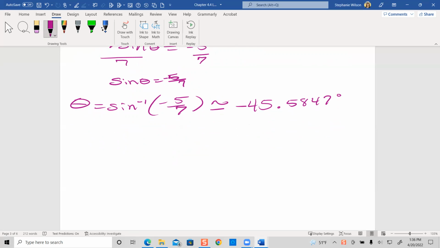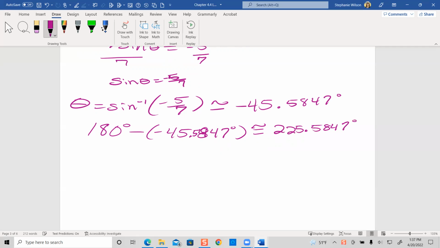Well, on the unit circle, I'm going to take that 180 degrees, and let's subtract that -45.847 degrees. And when I do that, I get approximately 225.5847 degrees. Now I'm going to round to the nearest tenths.